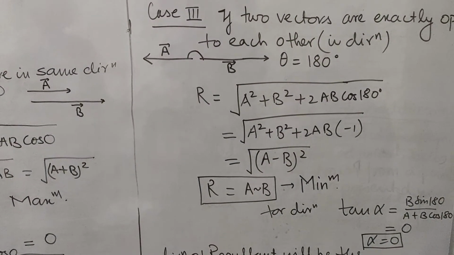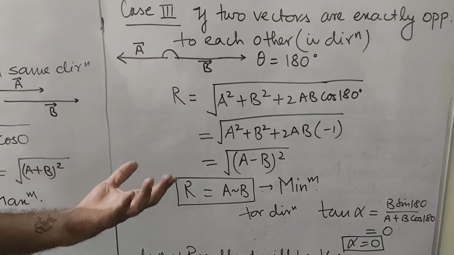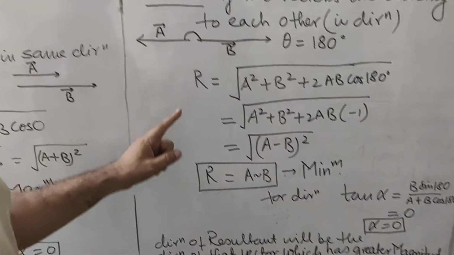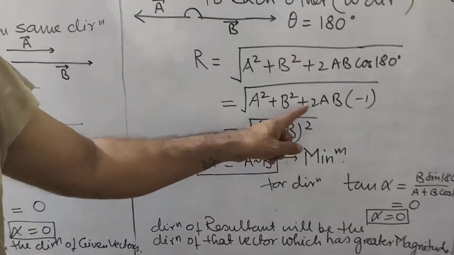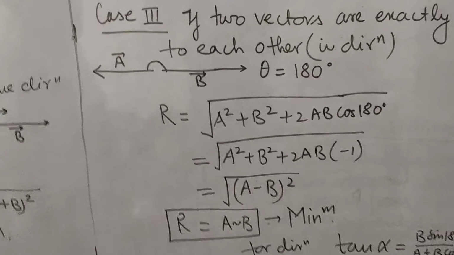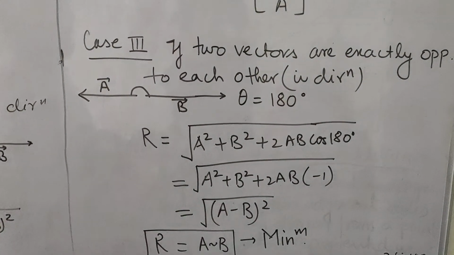Then theta is 180. You all know the value of cos 180: cos 180 is minus 1. Now put the values. R equals under root a square plus b square plus 2ab times cos 180, that is minus 1. So this is a minus b whole square.